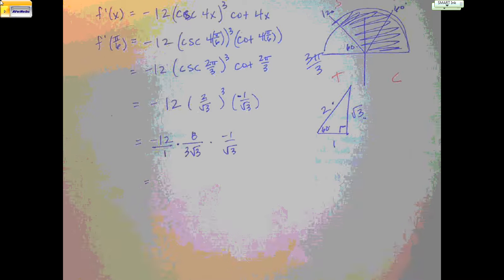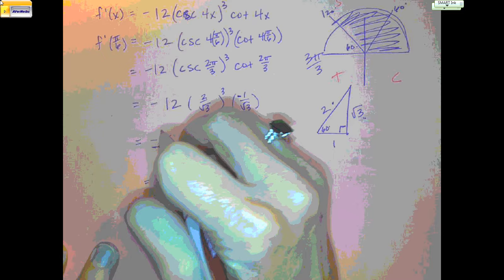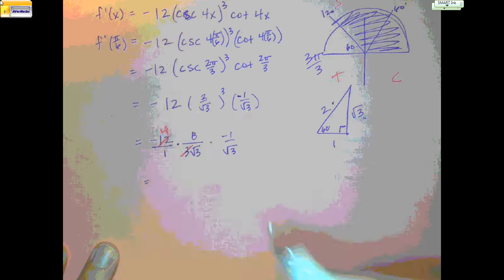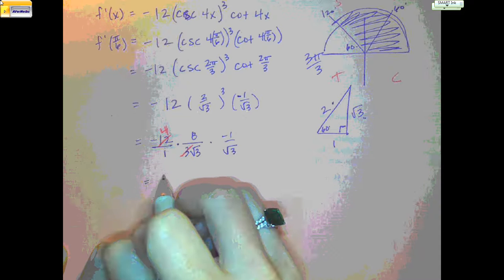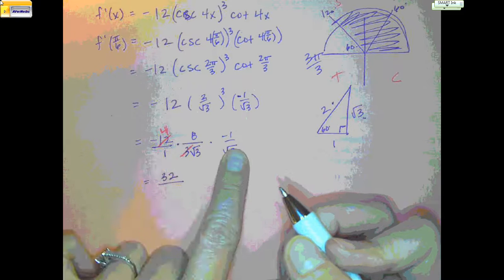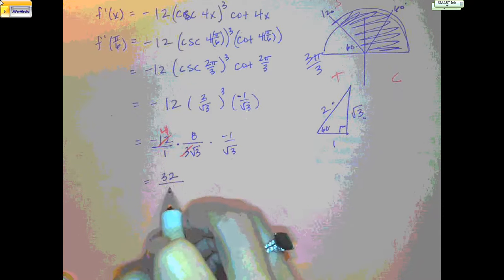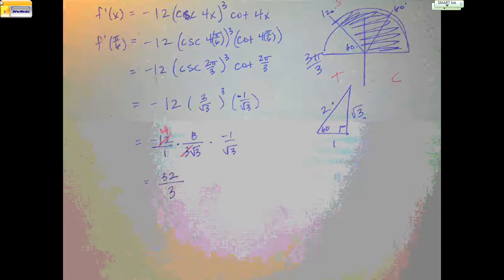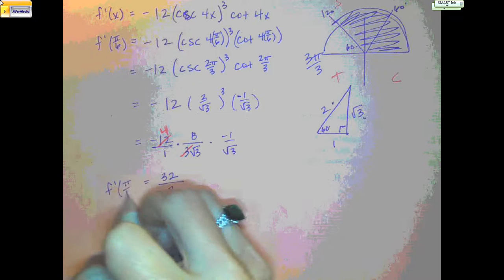Actually, I'm going to reduce. 3 goes into 3 once. 3 goes into this guy 4 times. Negative 4 times 8 times negative 1 is what? Positive 32? Because Carson, you've got a negative and a negative. On the bottom, I've got radical 3 times radical 3, which is? Whew! I think we did it. That was a lot.